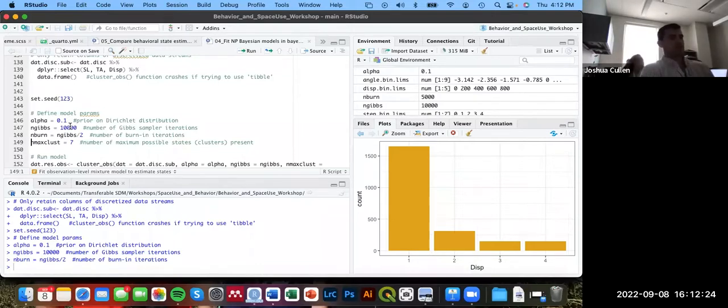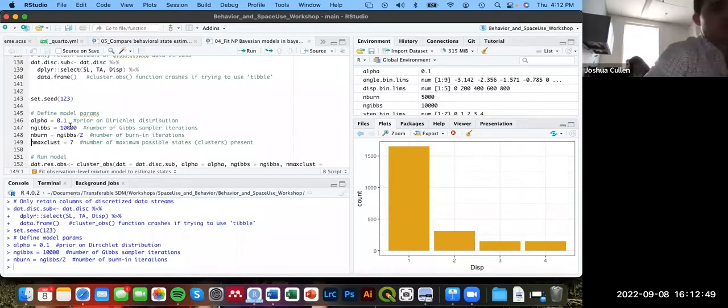In general, it might make sense to make this 50% to twice as large as the number you think might be present. So let's say I think there might be 3 states. Maybe make this, in this case, 6 or 7 states, all the way up to maybe 10 states at most. You don't need to put in 20 or 30 states because there's no way our model is going to find that from these data streams.